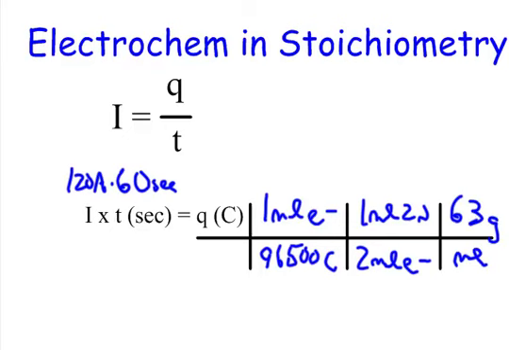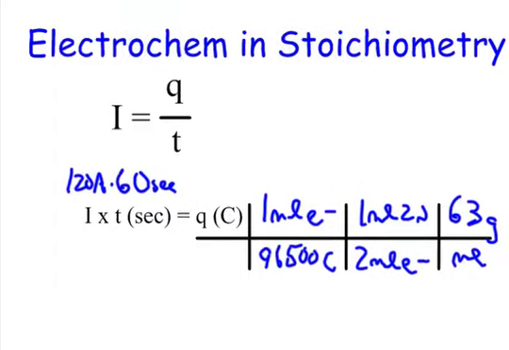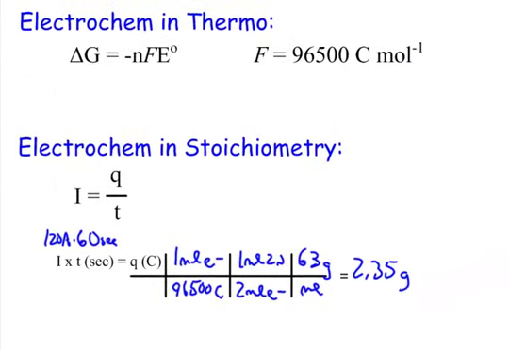It's a bunch of ratios, and we end up getting 2.35 grams of zinc. In order to produce 120 amps for 60 seconds, we need approximately 2.35 grams of zinc. And so really, guys, all this is a ratio problem from one side to the next.